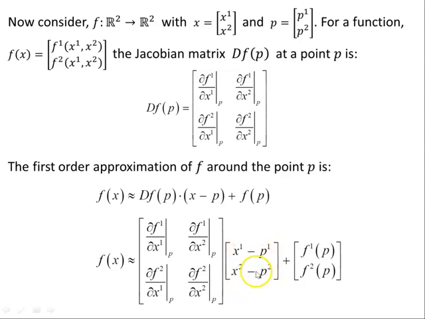Remember, refer back to the previous video, what we're talking about there. In this case, we're going to be replacing this with a vector v, which will have components in each of the directions, and then plus f1 of p, f2 of p, the component functions evaluated at p.